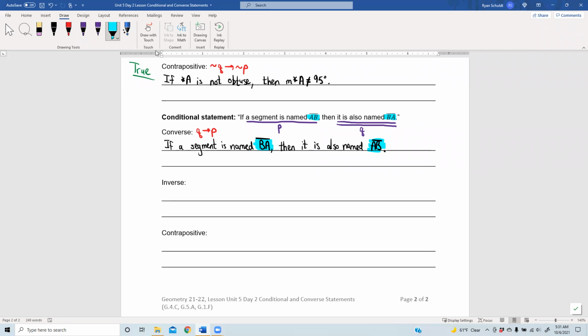So yes, I did switch the order here. I did do Q first and then P. P is talking about AB. Q is talking about BA. So grammatically, this would be the correct way to do it.